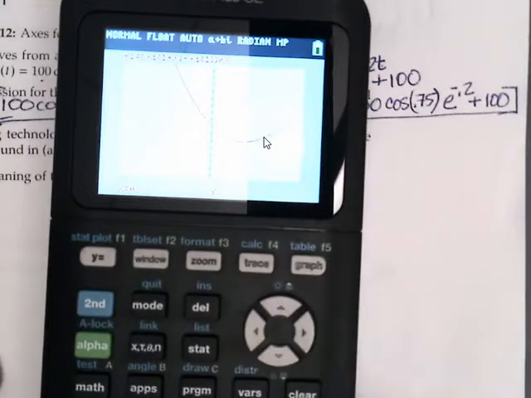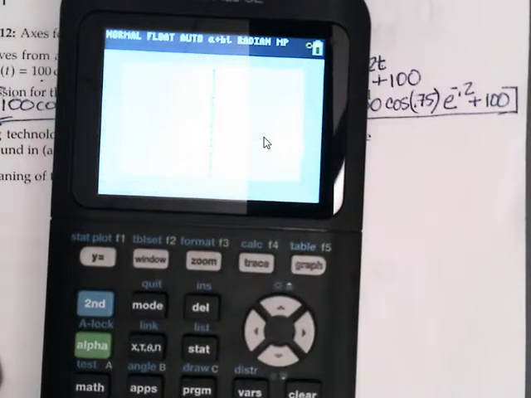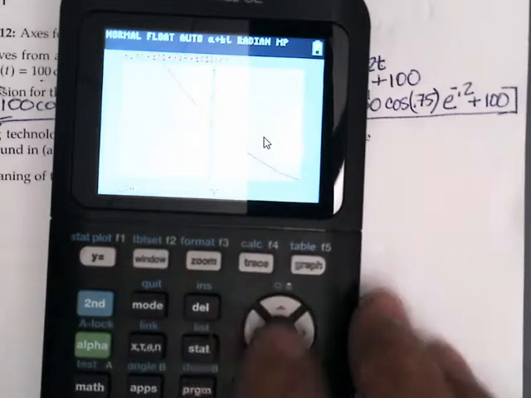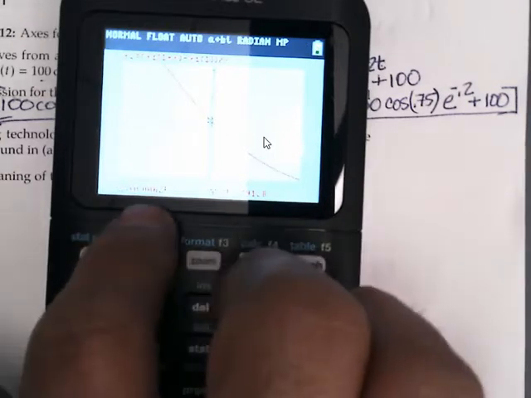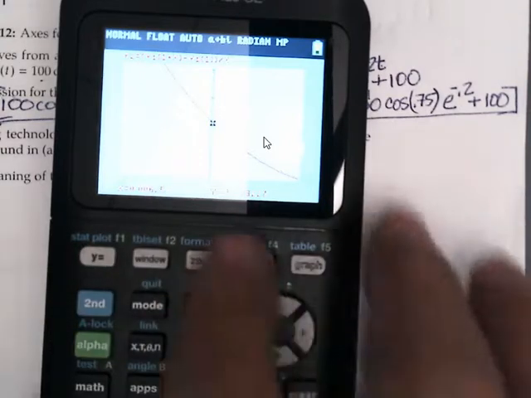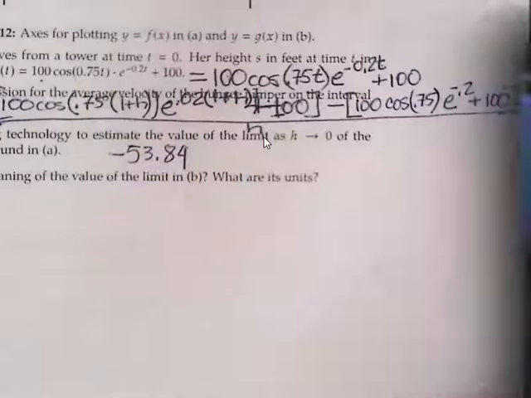I could zoom in again, zoom to, right, I'm interested in right about there. And you can see on trace, at negative 0.006 it's 53.79, and on the other side it's 53.88, and I could keep zooming in and get even closer and closer just looking at the graph.